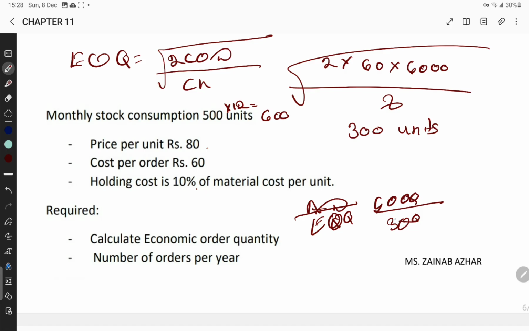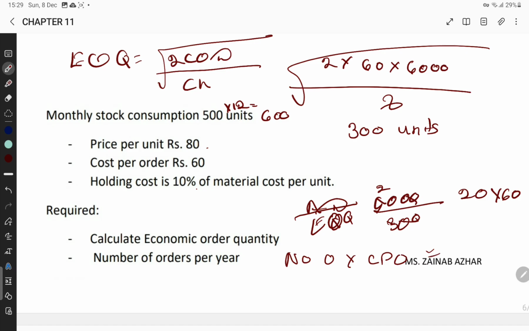So 6,000 divided by 300, you will be ordering 20 times. So this is the number of orders per year. So if you want to find your ordering cost, 20 into cost per order, number of orders multiplied by cost per order, you will get your ordering cost.